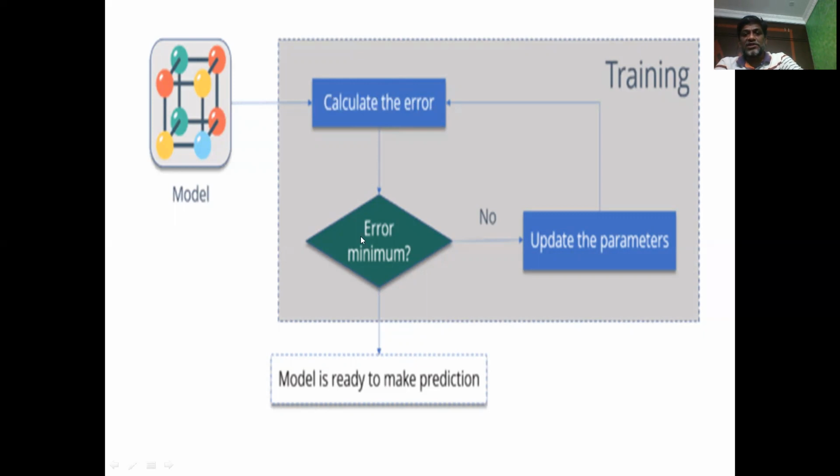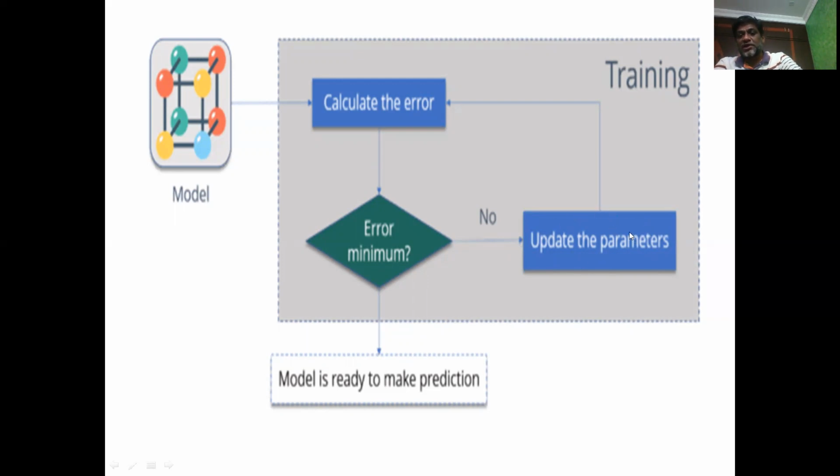Once this error is at the expected minimum, the model is successful, and we can use that model to make future predictions by submitting inputs to the corresponding neural network. Otherwise, if the error is not minimum, we need to update the parameters in such a way that the error term is minimized.